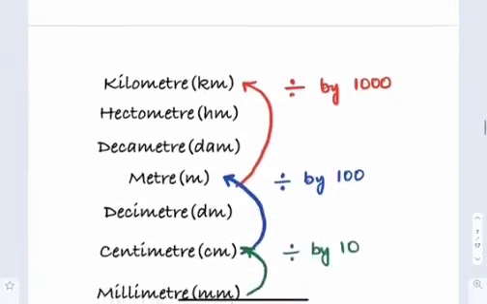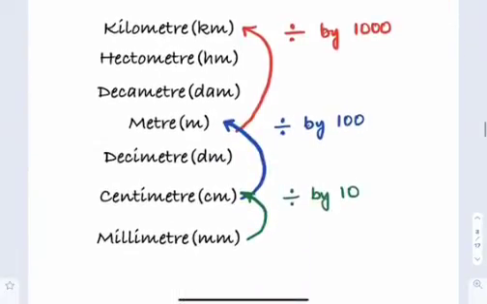Now, moving on, what do we do if we have to convert smaller units of length into greater units? We divide. Did you understand, children? Now, if you observe, millimeter is the smallest unit of length.